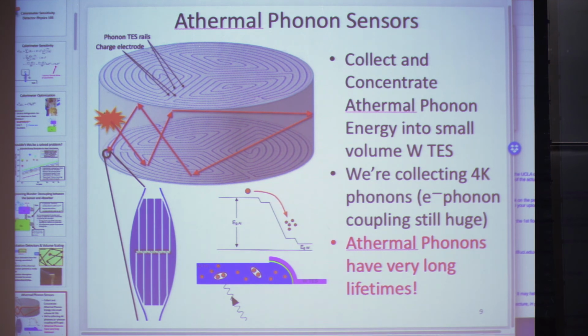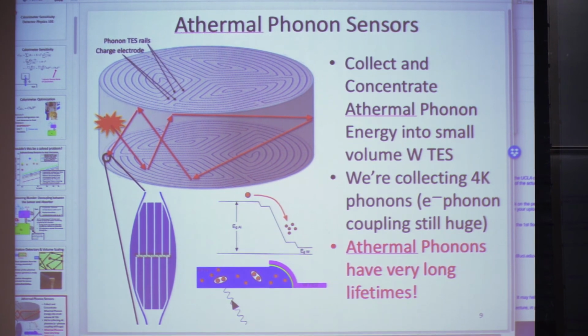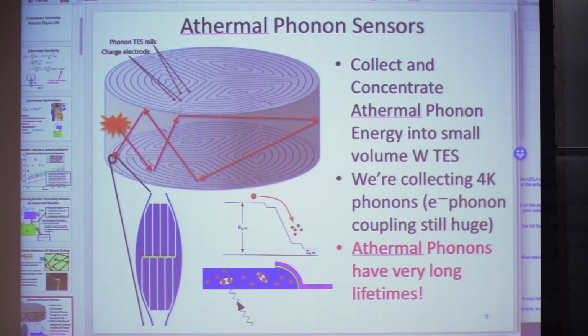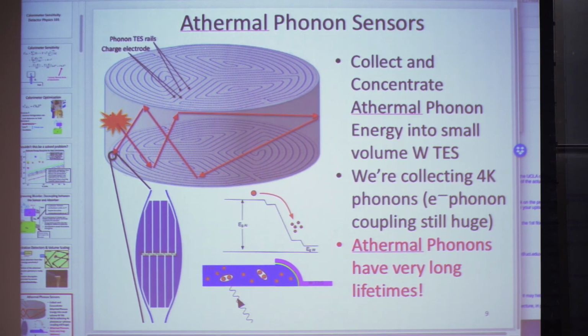But that process goes as T to the 5th. So once those athermal phonon vibrations get to an energy scale of something around 10 Kelvin, they start to free stream. And this system looks identical to the system we saw previously, which was a PMT wrapped with Teflon. So now these phonons just start to bounce around like this.